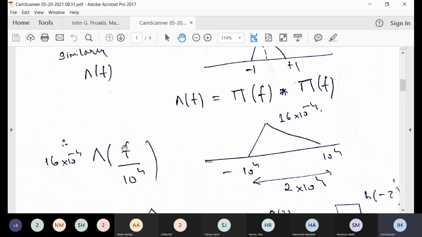So if you scale the triangle by 10 to the power 4, this means that its width is now 2 times 10 to the power 4, because remember, when the triangle was of F, it was F over 1 and it was just representing the positive frequencies. So if we extend by 4, it is still representing the positive frequencies, so the total width will come out to be 2 into 10 to the power 4.